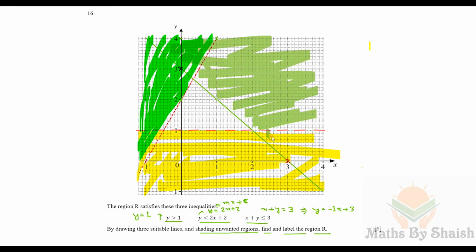In this way we got the region which is not shaded. The region which is not shaded is the required region, so we will label it as R. That's the region which satisfies all these three inequalities. I hope it is clear. Let's discuss the next question now.